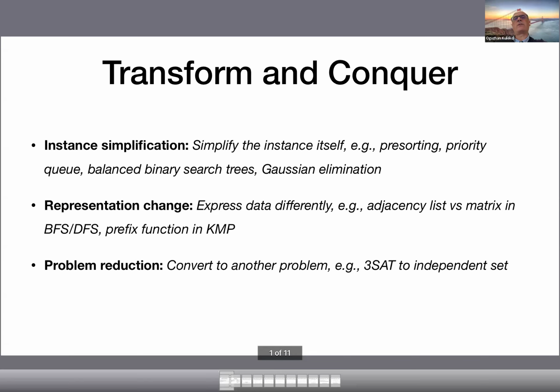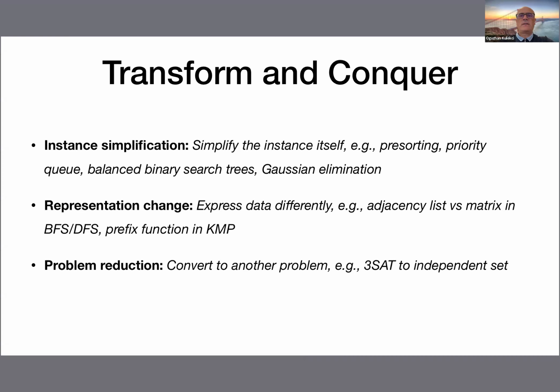A second way of transformation is, you remember our discussions about the data structures, right? So what was a data structure? A data structure is like a cup, right? So you put your data into this cup to serve your purpose better. And that is why, according to your purpose, it might be more beneficial to represent your data, to express your data differently.